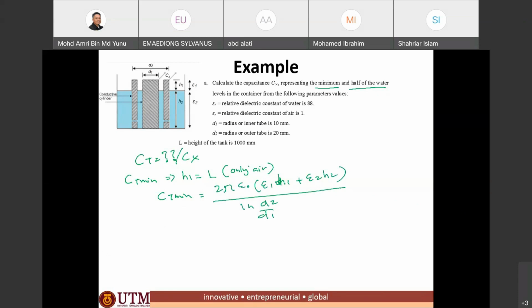So for CT minimum, H1 equals L, the total height, and H2 is equivalent to 0. No liquid.